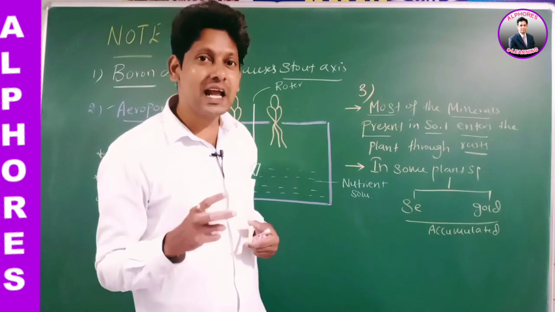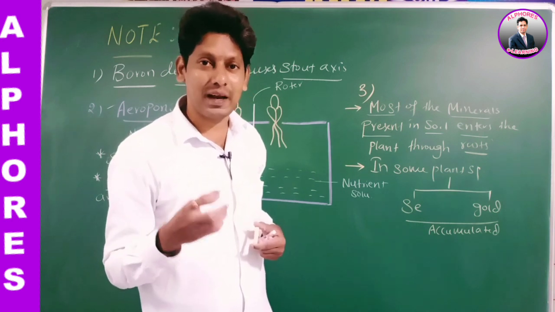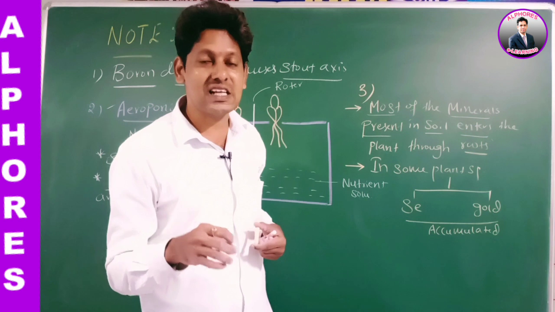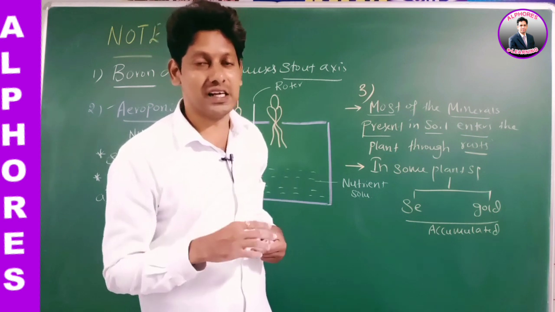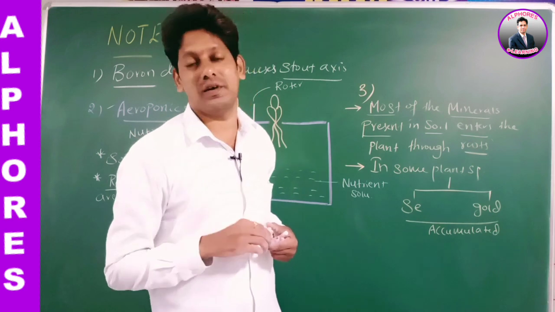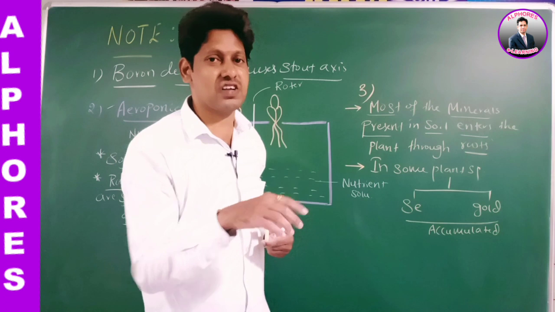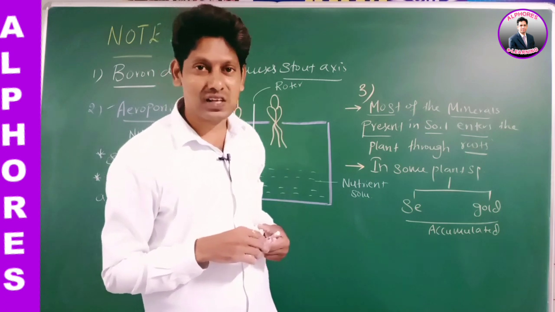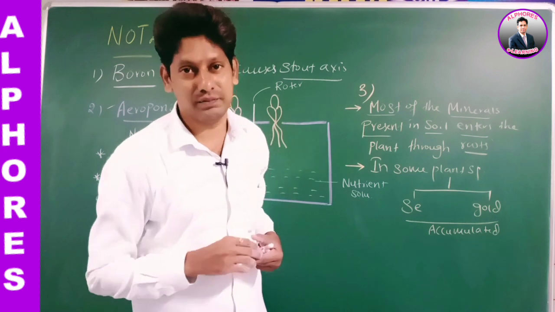When these nuclear weapons are used, those radioactive elements go and settle in the soil. Plants which grow in these nuclear test areas, in such plants, radioactive strontium was accumulated.